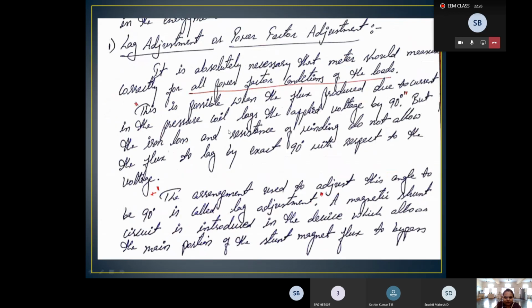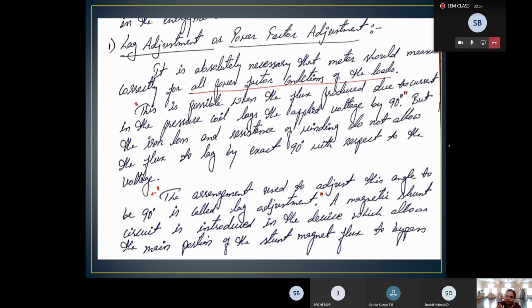In that, the first one is taken as lag adjustment or power factor adjustment. What do you mean by lag? You learnt lag and lead in the previous class also. The lagging between the current coil and the pressure coil should be at a precise value.